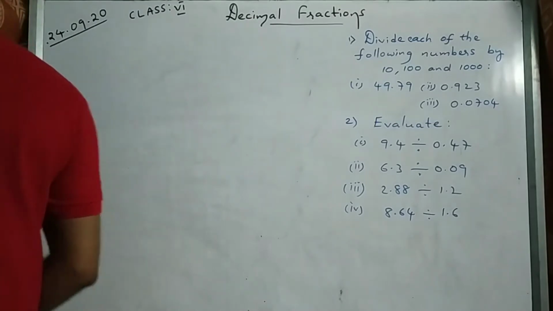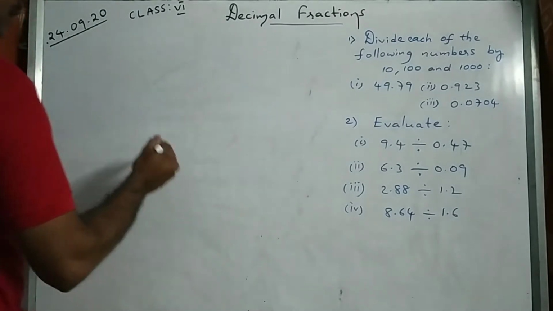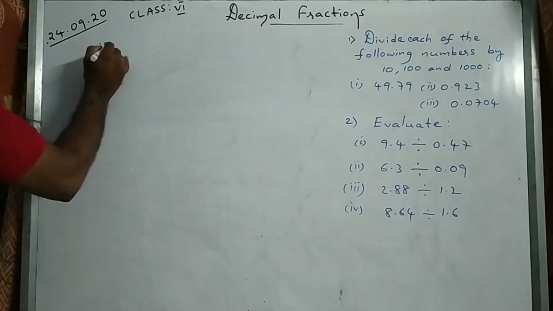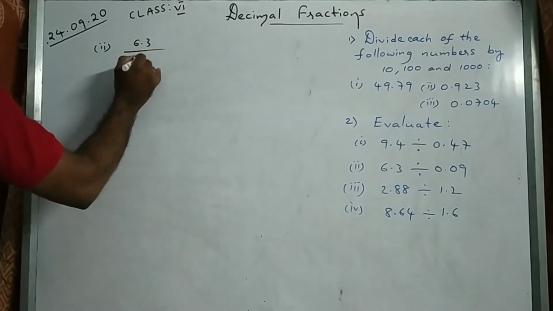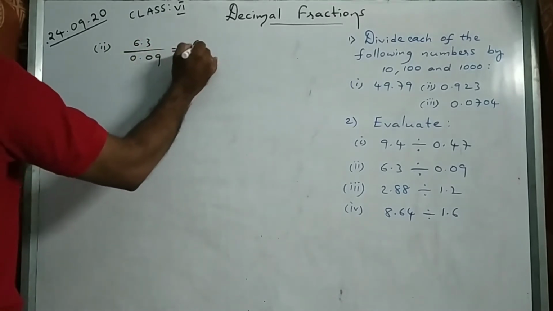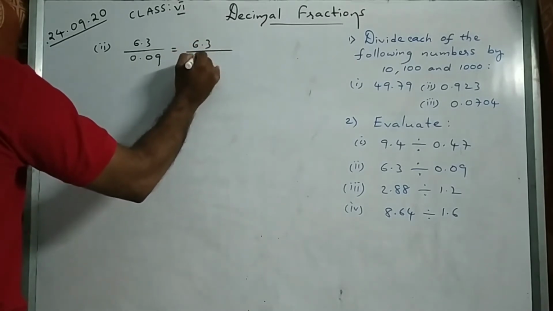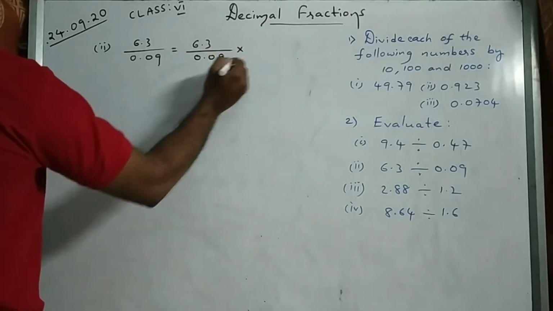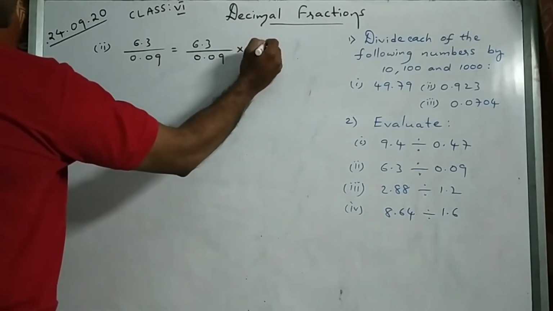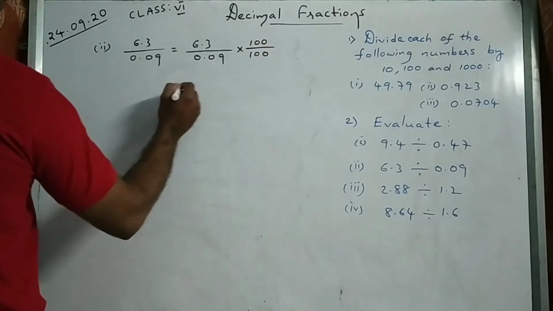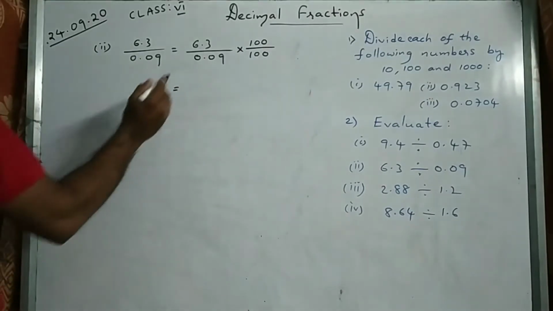Next, 6.3 divided by 0.09. 6.3 divided by 0.09, here also 1 and 1 digits after decimal, so I will make 100 by 100. Then what will you get here?